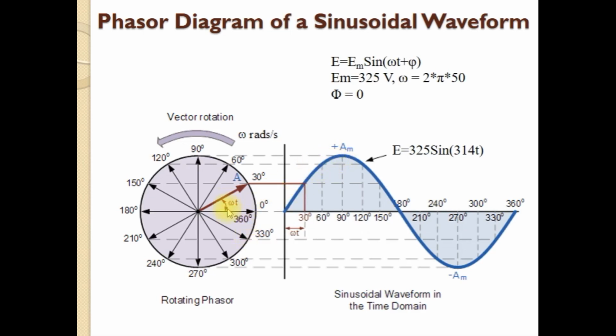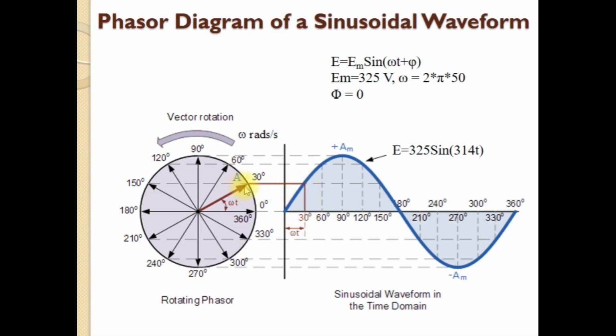So when omega t is equal to, say, 30 degrees, the phasor will be at this position, and the projection of this vector on the vertical axis corresponds to the value of the sinusoidal wave at omega t equal to 30 degrees.